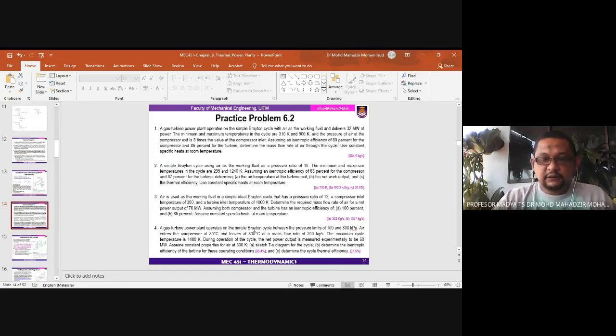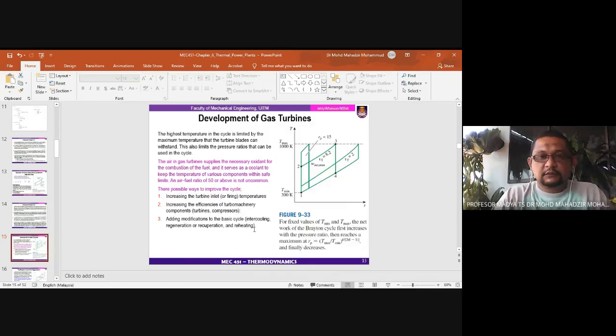Okay, next we go to the development of gas turbine. As I said just now, the ideal cycle to analyze a gas turbine is the Brayton cycle or Joule cycle.